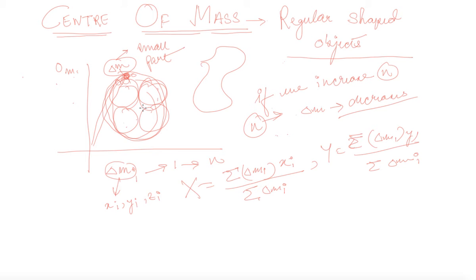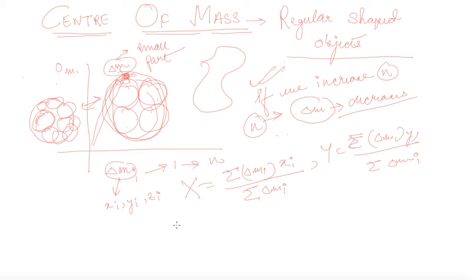Now if I want to increase the number of particles, say for this object I take around 9 particles, 1, 2, 3, 4, 5, 6, 7, 8 and 9, then as you can see, the size of the particle keeps on decreasing. This is what the statement means: if we increase n, our del m becomes smaller and smaller.